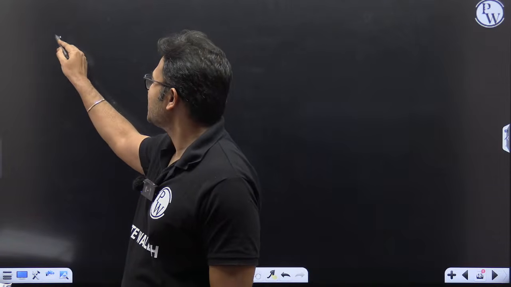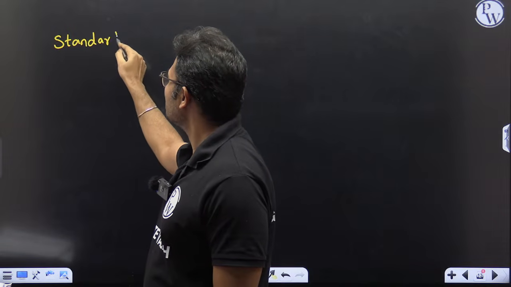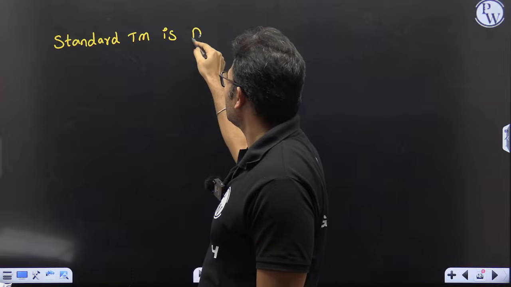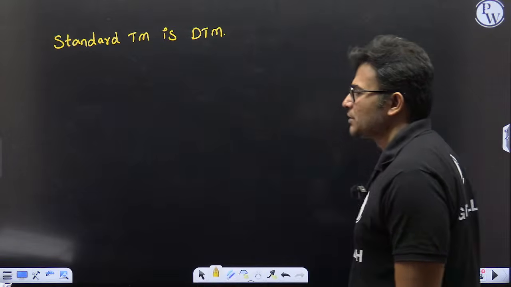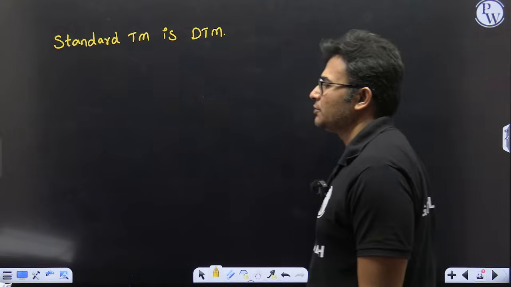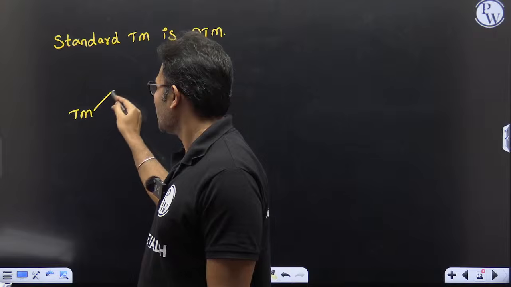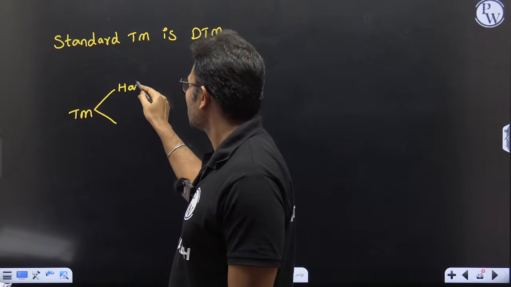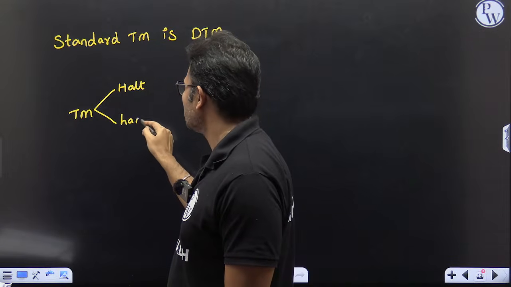So the standard Turing machine is the deterministic Turing machine, right? A Turing machine may halt or it may hang.